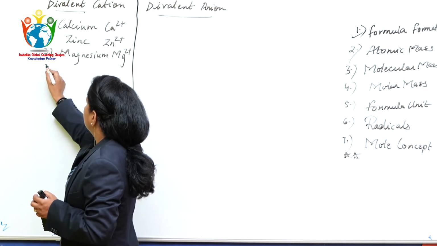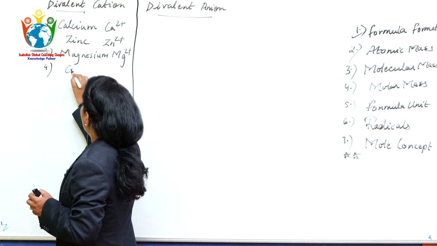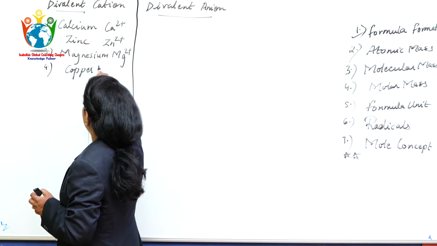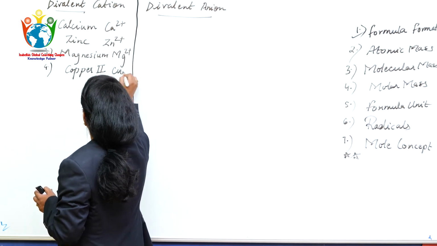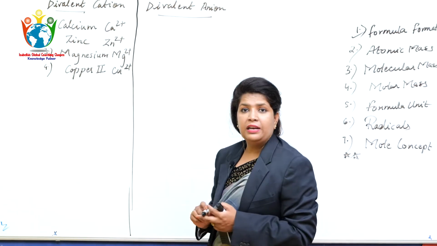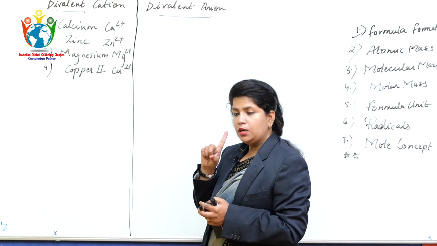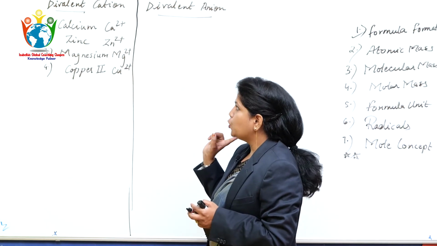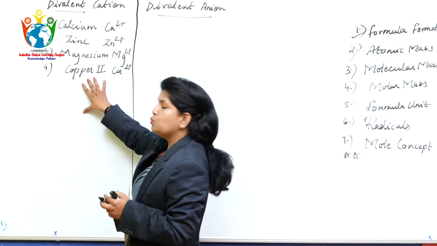Fourth one, copper 2, that is Cu2 plus. Now again focus on this. In monovalent cations I have written copper 1 and in divalent cations I am writing copper 2. Be specific. It is also known as cupric.